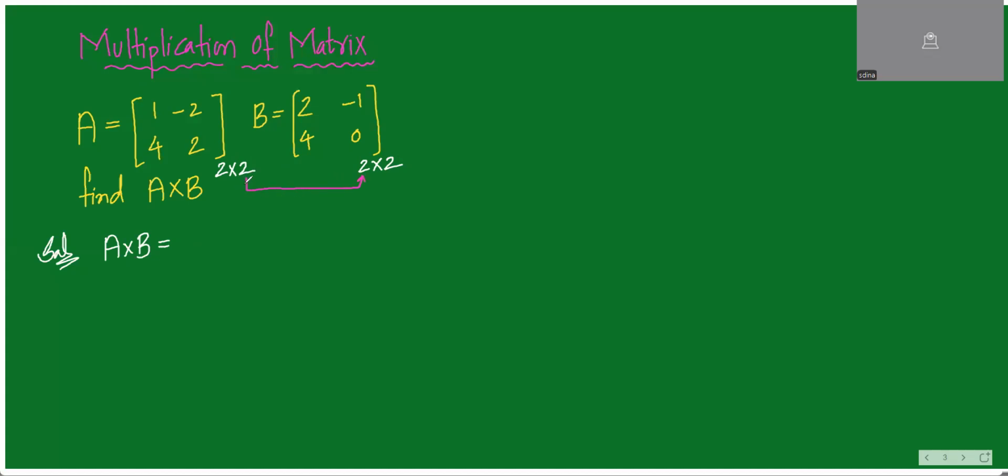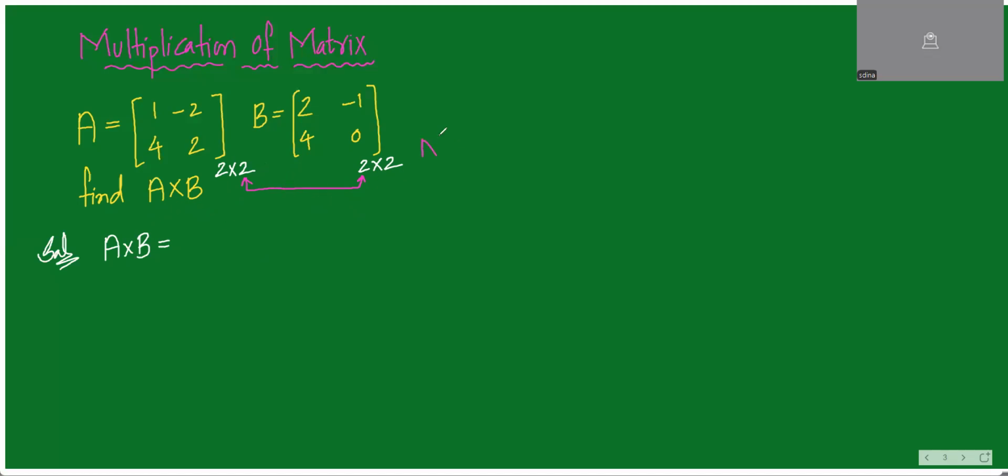We are multiplying A into B. Before multiplying, we have to check this condition.